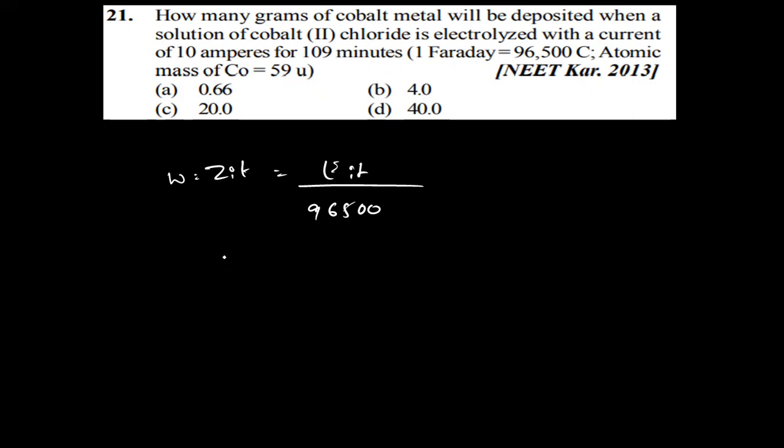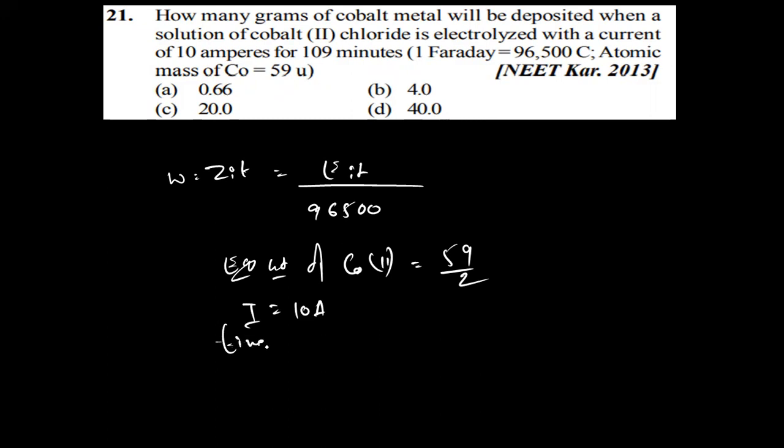So you know that the equivalent weight of cobalt, with 2 oxidation state, is 59 by 2, and I is equal to 10 ampere. Then time, 109 minutes, can be considered in seconds: 109 into 60 seconds.